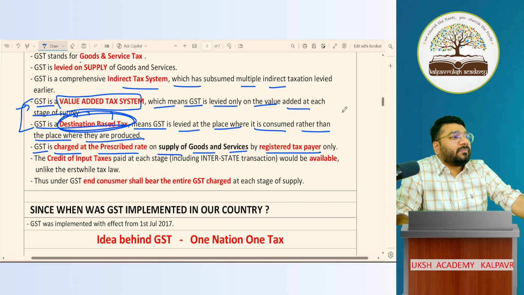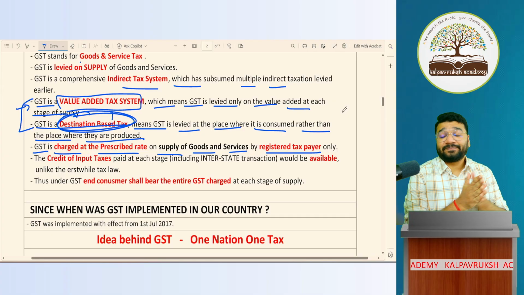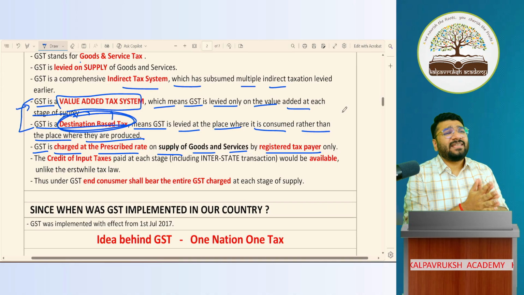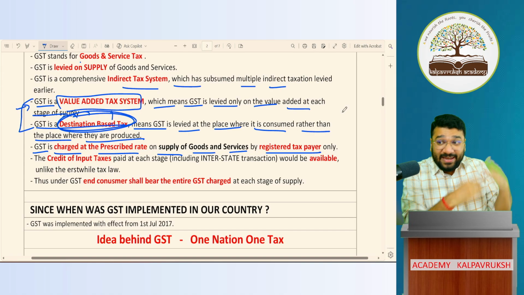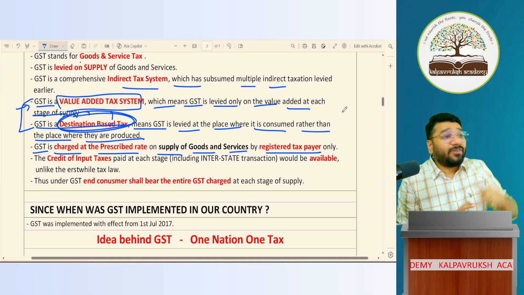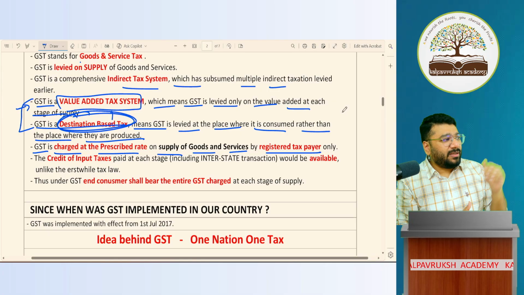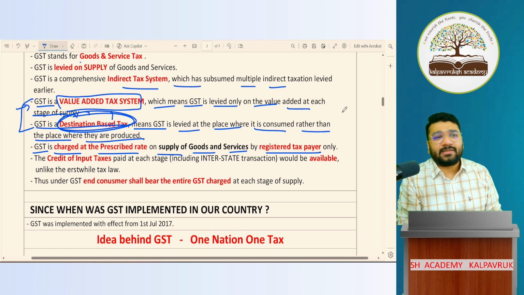Now, today morning I woke up in a bad mood. From students, I'll collect today GST 100%. Tomorrow mood is very happy. I'm very happy. So how much GST I'll collect from all of you? 10%. Can I change GST according to my mood? When in the mood, 100%, when in the mood, 40%, when in the mood, 10%.